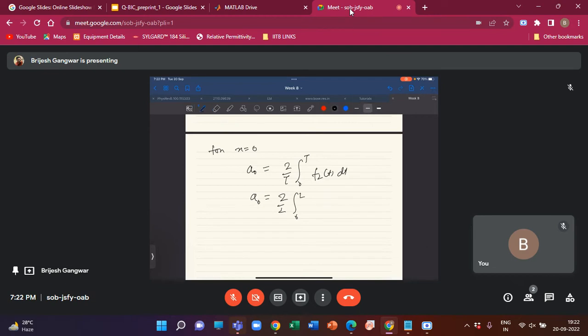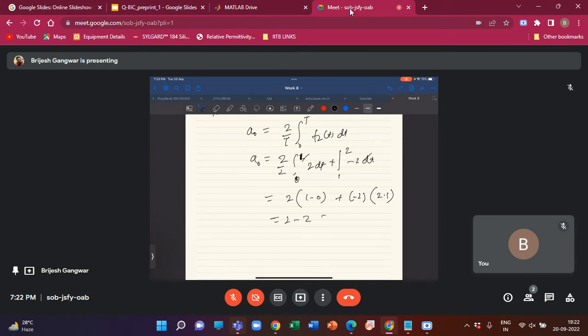So we break the limit 0 to 1, it will be 2 dt, and 1 to 2 it will be minus 2 dt. Okay, so it will cancel out, not directly, but you can solve it. This will be 2 times 1 minus 0, plus minus 2 times 2 minus 1. Okay, so it will be 2 minus 2 equal to 0.